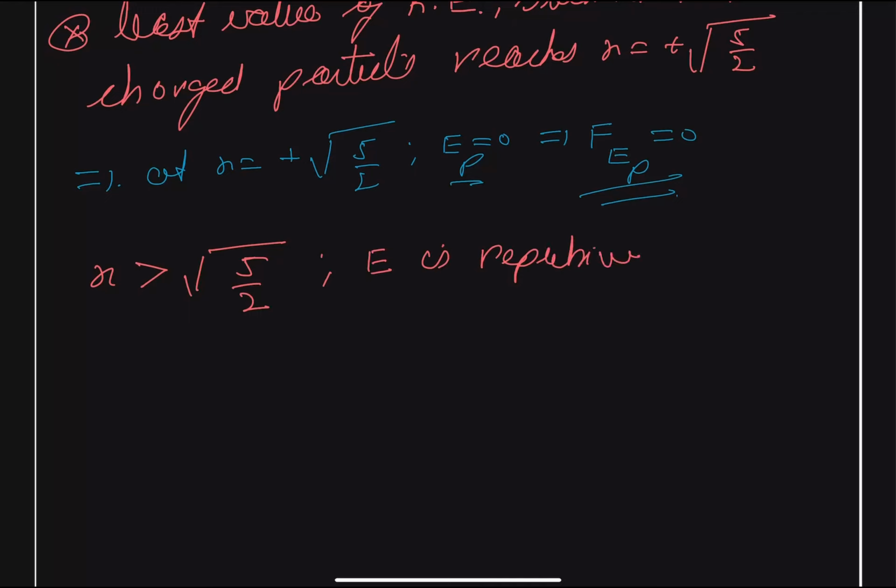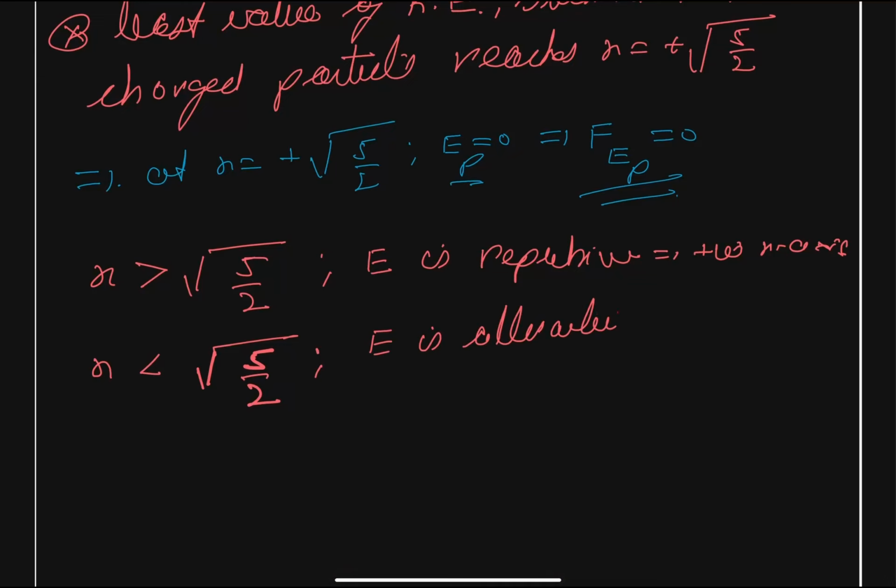Repulsive basically means towards the positive x-axis. And if x is less than square root of 5/2, this E is attractive, which basically means towards the negative x-axis.